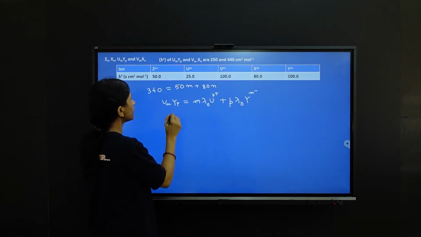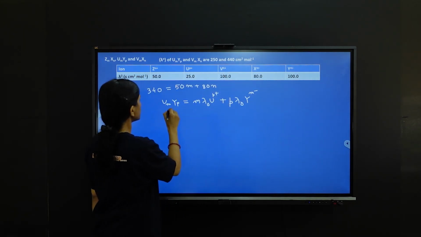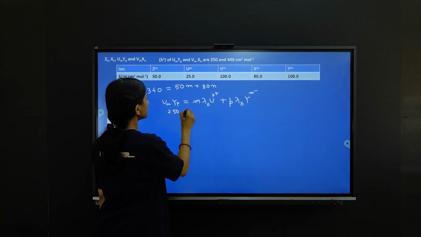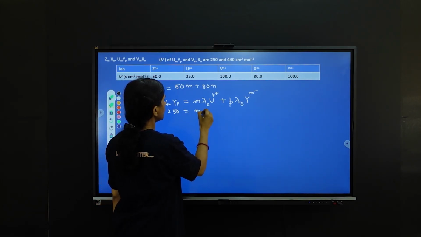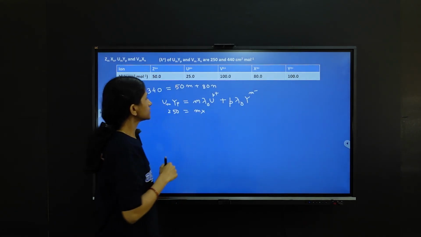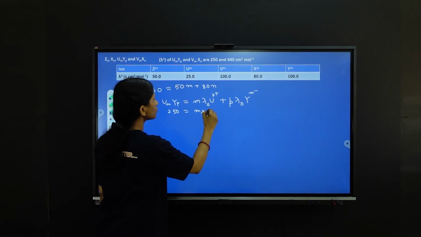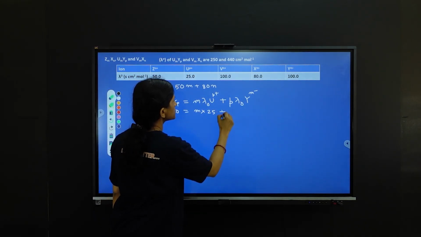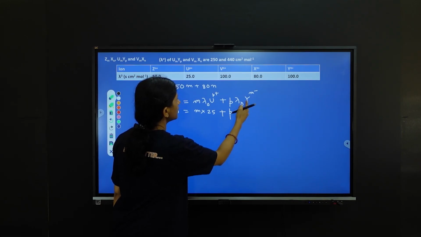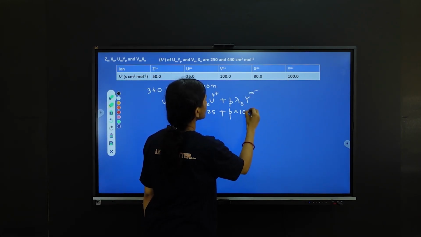Let's again put the values. UMYP has been given as 250, right? And M is kept here as such, and lambda 0 UP plus is 25, plus P times lambda 0 YM minus, from this table you can use 100.